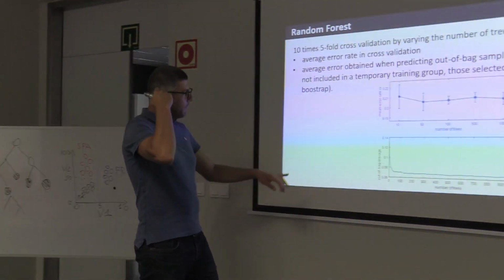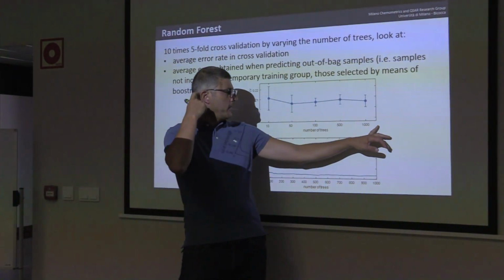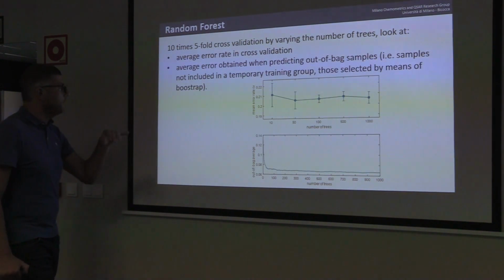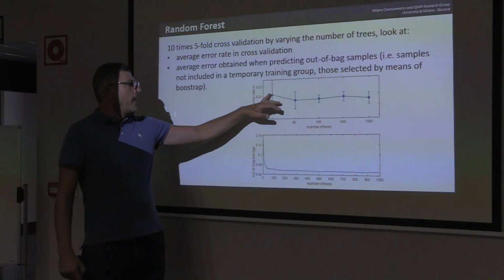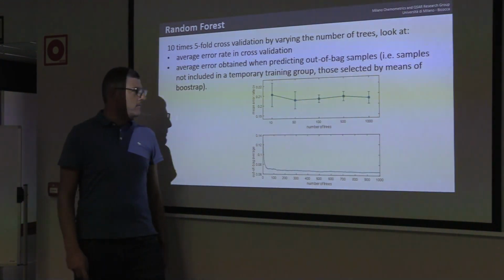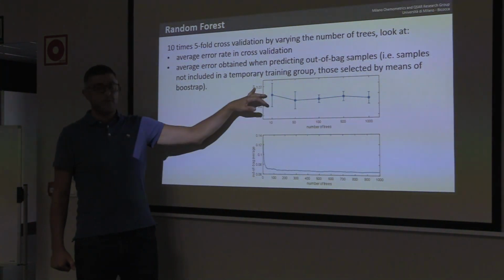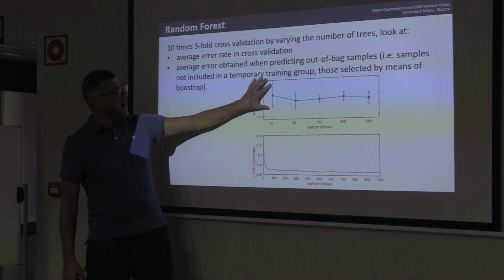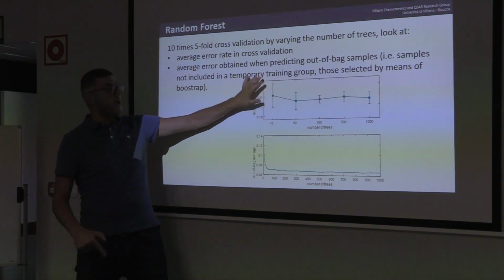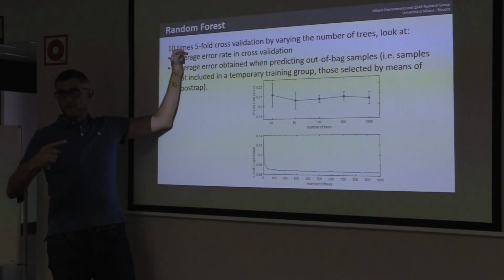So this is the number of trees, on a data set. And this is the average error in classification in cross-validation. And these bars are the variation I have in these 10 repetitions.